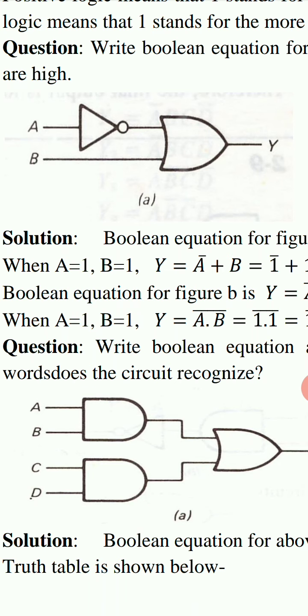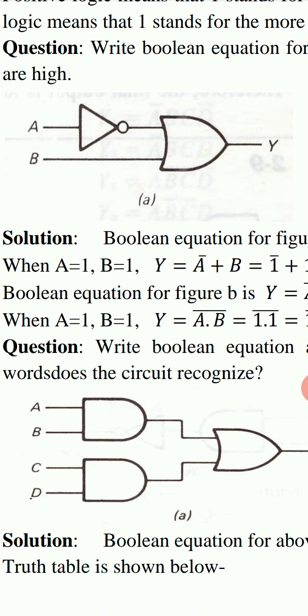There are two inputs, A and B. Input A goes to a NOT gate, and the output from this NOT gate is A bar. Now there are two inputs for the next OR gate: one is A bar and the second input is B. Then the output Y of this logic circuit will be A bar plus B. Y equals A bar plus B.